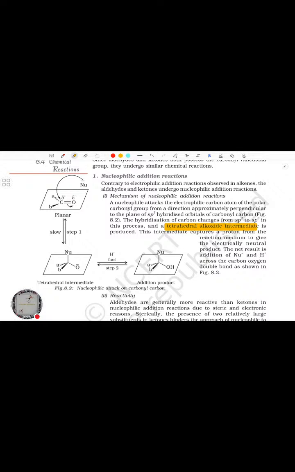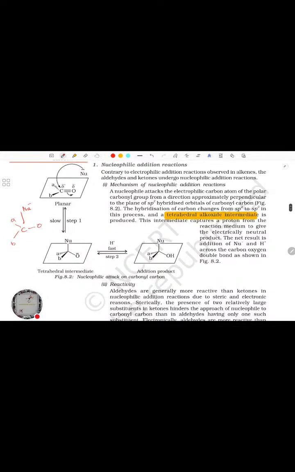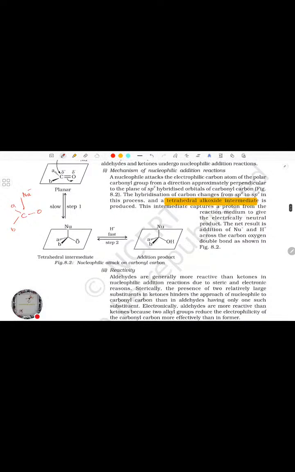First, there is a polar bond between carbon and oxygen, which means that carbon becomes electrophilic. Hence it undergoes a nucleophilic attack that is nearly perpendicular to the plane. Okay, the net result is the addition of nucleophile.